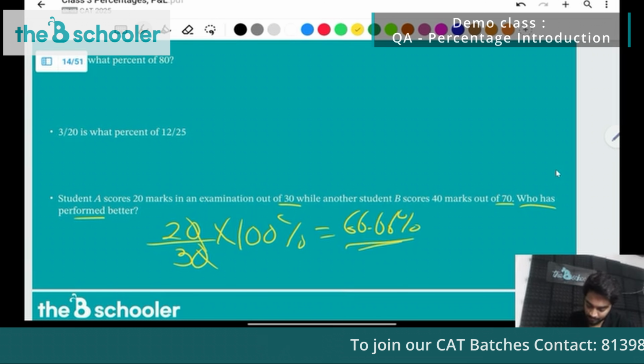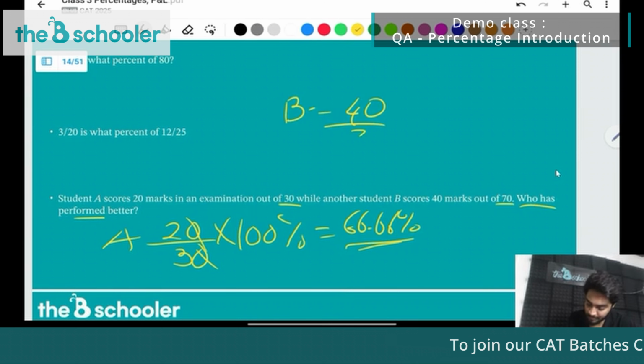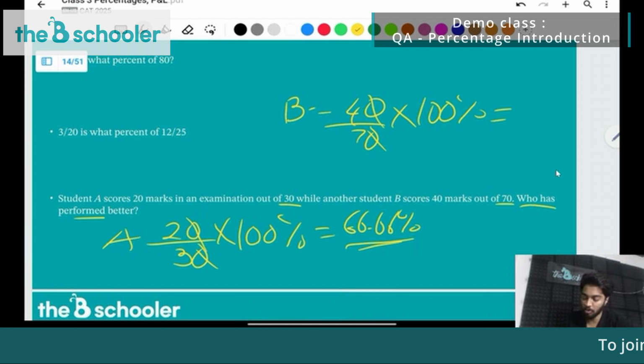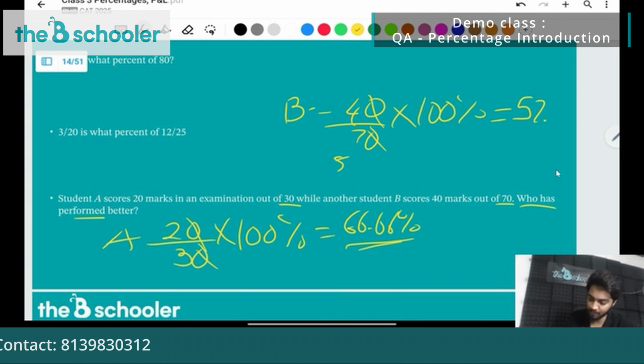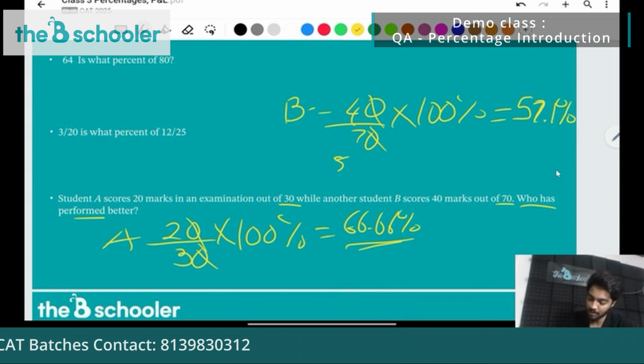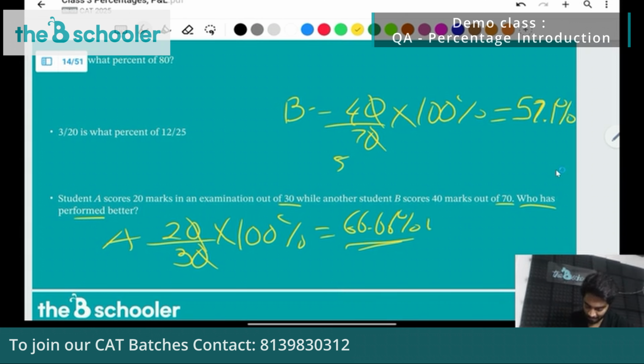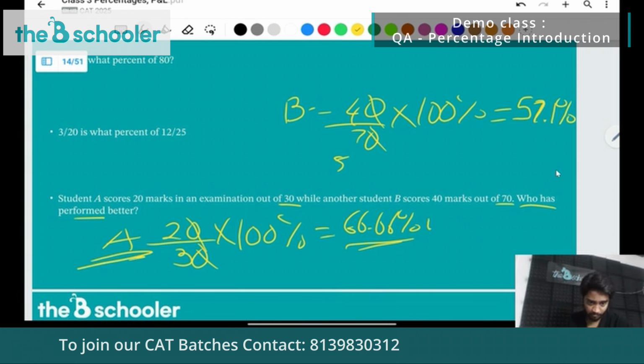This is A. B is going to be 40 by 70 into 100 percentage. 4 by 7, if you see, it's going to be 5, and then there's going to be 5 left. 57 point something, 57.1 percentage. Okay, 57.1. So if you look, A's percentage is greater than B, so A performed better. A performed better.